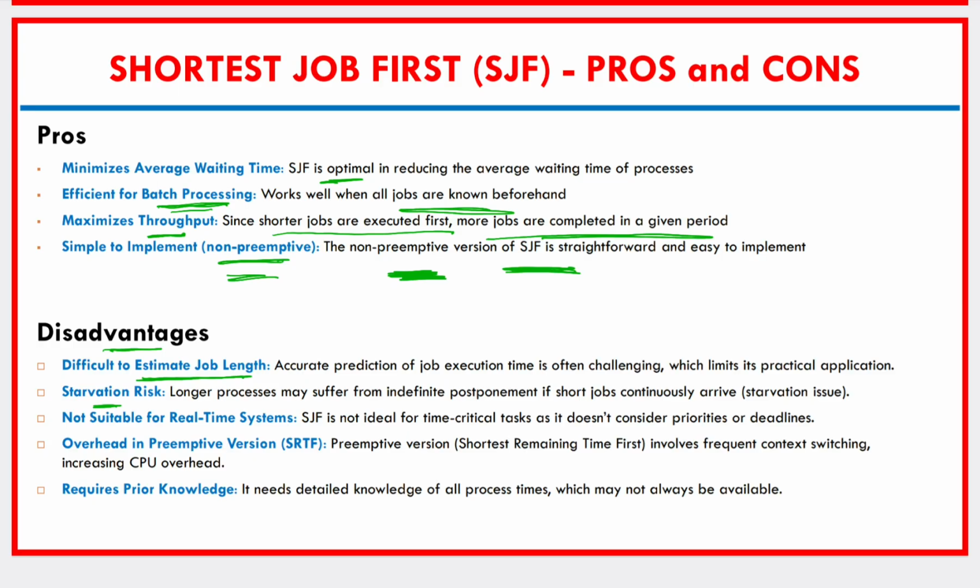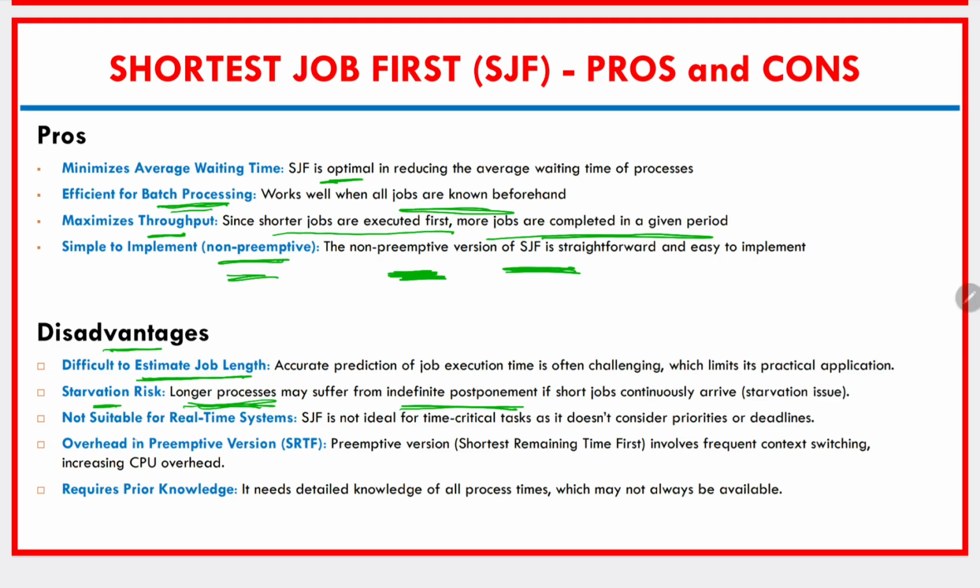In that scenario, if processes with smaller CPU burst keep on entering the ready queue, this will lead to starvation for the processes which are having larger CPU burst time. So this may lead to their indefinite postponement. That is, they have to wait for quite a long period, and there might be a chance that they will never execute if new processes coming in the system are having a smaller CPU burst time.